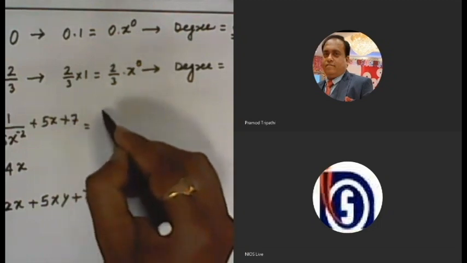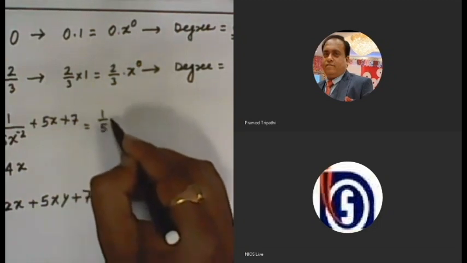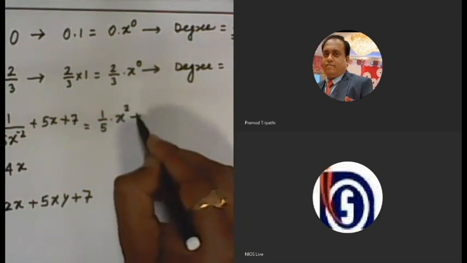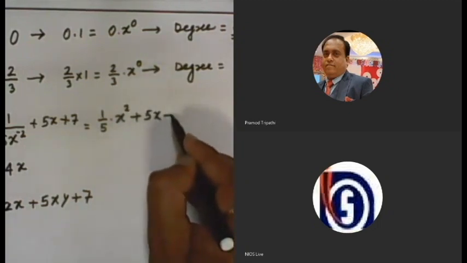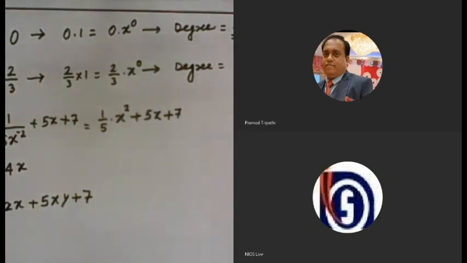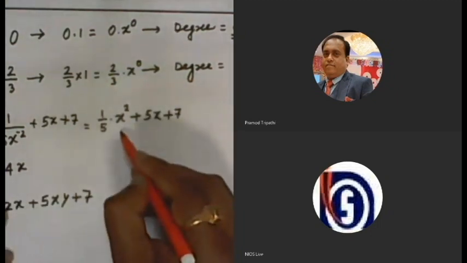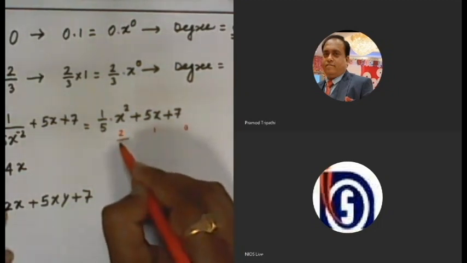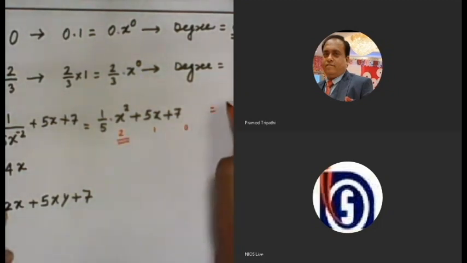In the same way, 1 upon 5 into x square plus 5x plus 7. The degree here is 2, here is 1, here is 0. So the highest degree is 2 here.